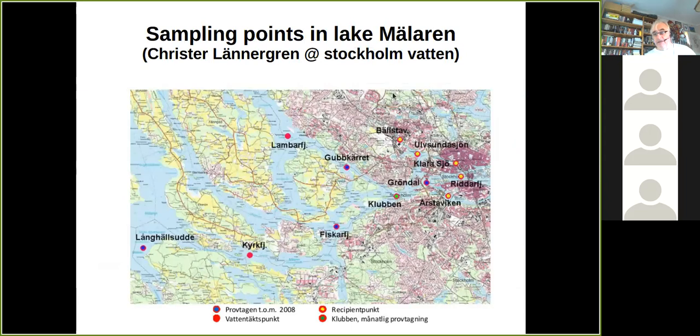Stockholm Vatten, both the freshwater and wastewater company in Stockholm, they take samples at a lot of different places. Here we have Riddarfjärden, for example. This is close to the border to the Salt Sea.